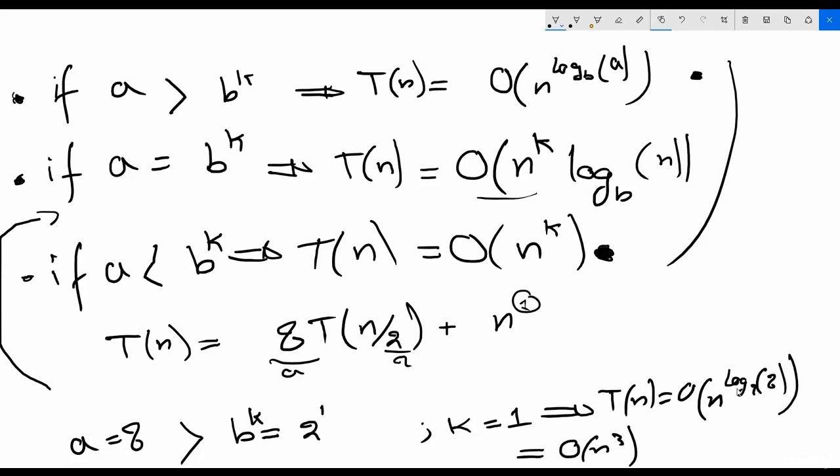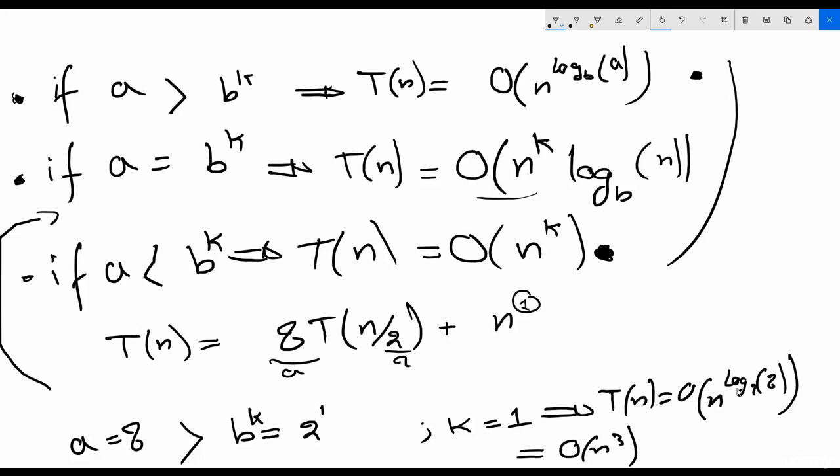Okay? So basically these are a couple of examples for the master theorem and where you have to apply it in order to get the complexity. So if we review this, whenever you have an algorithm that divides the problem into smaller subproblems, the number of those subproblems is a, and the size of those subproblems is n divided by b, and then you combine those subproblems together with some algorithm that has complexity n to the power of k.